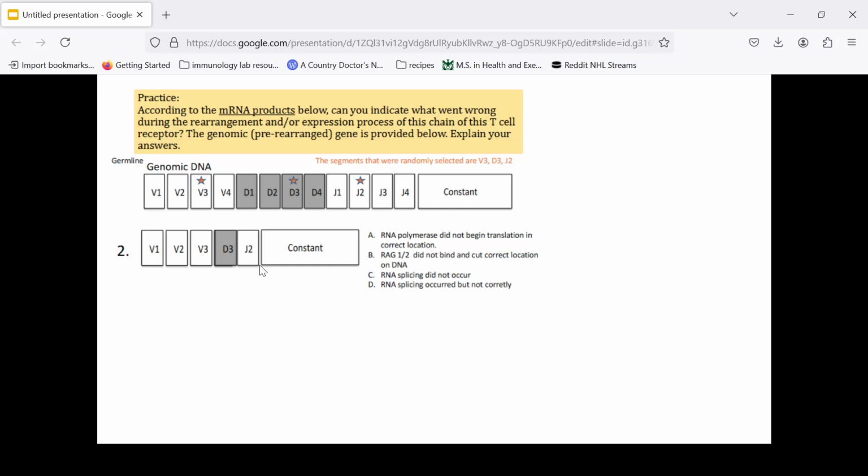Hypothetically, if you had V2 here, it's also RAG1 and RAG2's fault since they picked the wrong one. For the most part, if there's extra V's in front of the correct V or extra J's after the correct J, then yes, that's going to be RAG1 and RAG2.